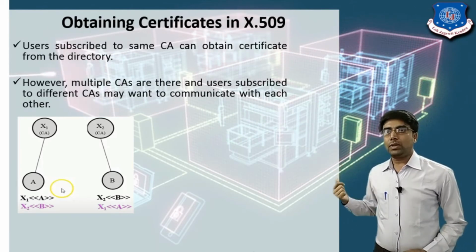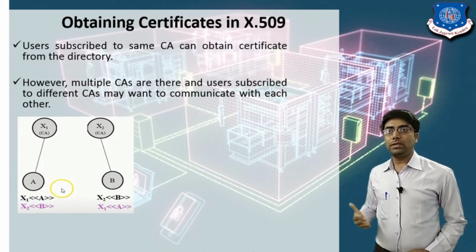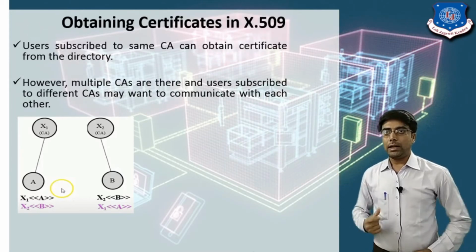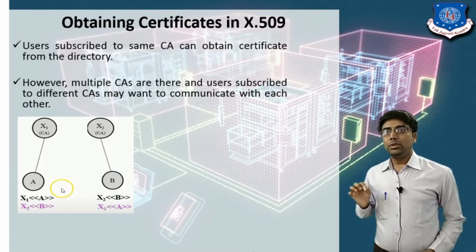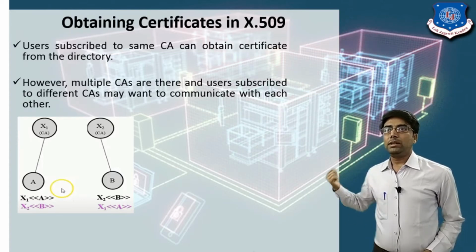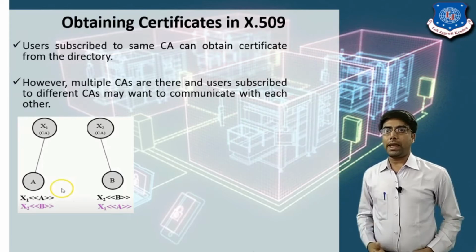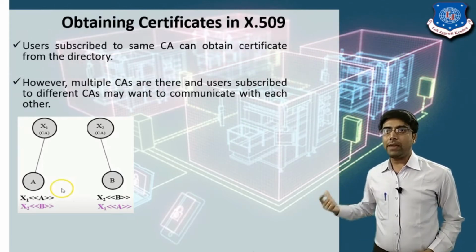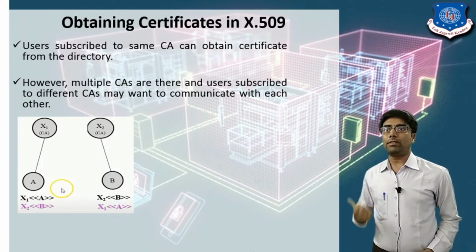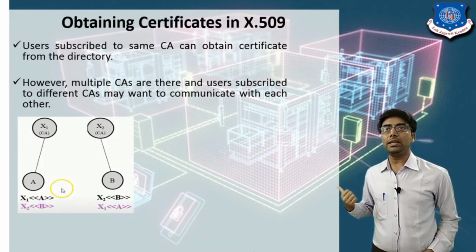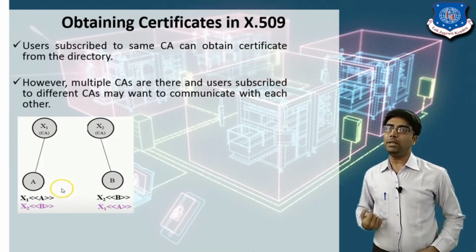X1 will generate the certificate and send it to user A. It means that only user A knows the public key of certificate authority X1, so only A will get the certificate from X1. Here users subscribed to the same CA can obtain the certificate directly.